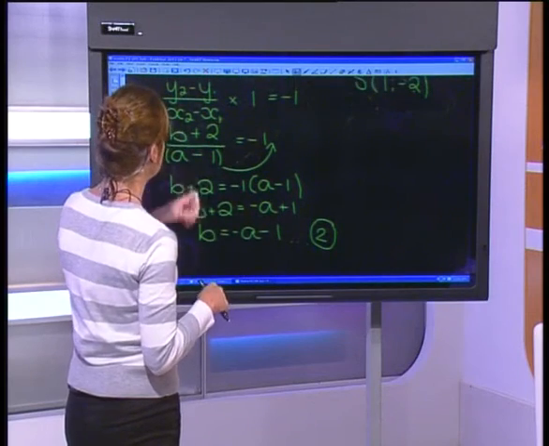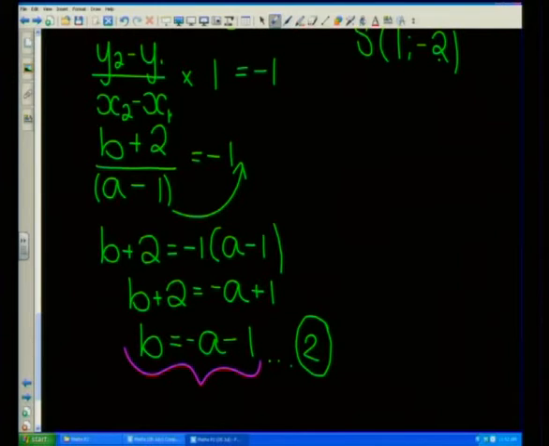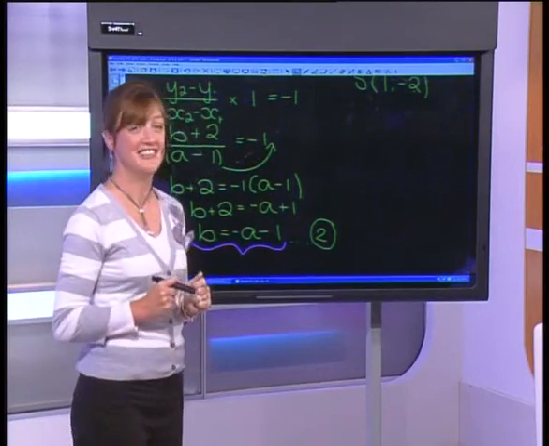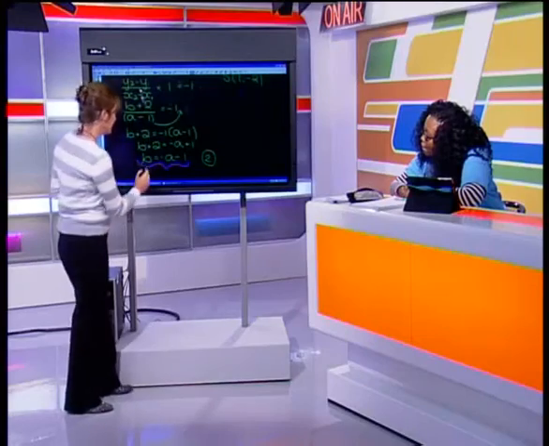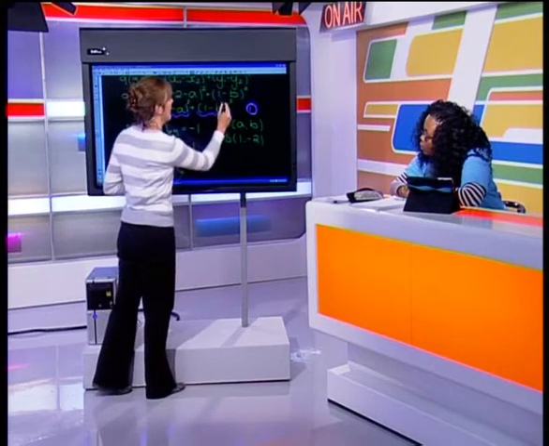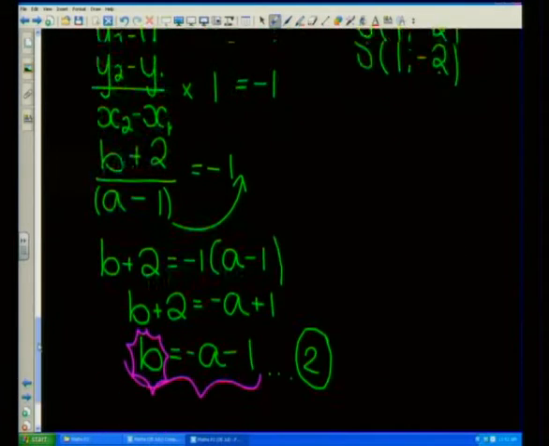By doing that, very quickly with the working out, we get an equation that said b is equal to negative a minus 1. That's really the hard part done, if you can believe it, because now we're going to substitute. If b is equal to negative a minus 1, we are going to take this equation over here, and where we see b, we are going to replace it with negative a minus 1.